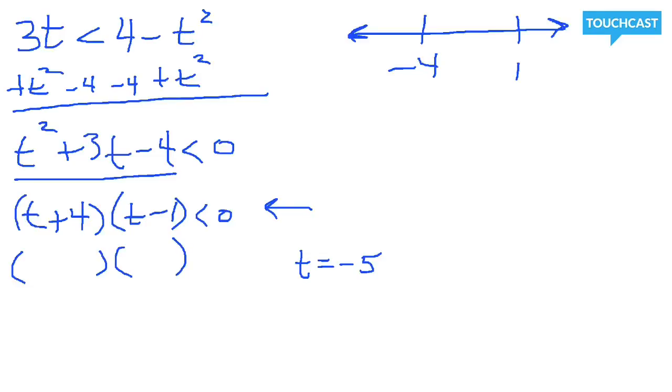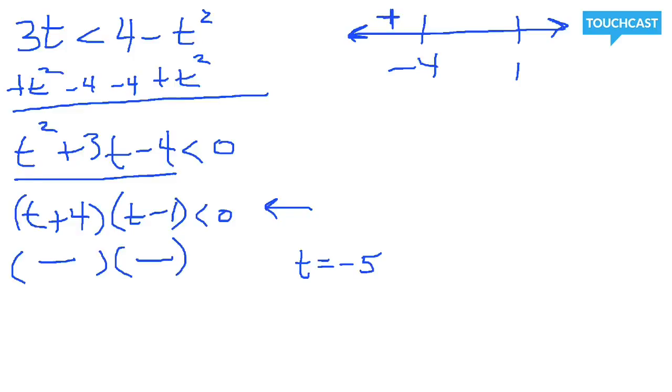Feel free to do that. Here's what I actually do. I replace t with negative 5 in my head, and I say, well, negative 5 plus 4, that's a negative result. And negative 5 minus 1, that's another negative result. If I take two negative numbers and multiply them together, the result is positive.